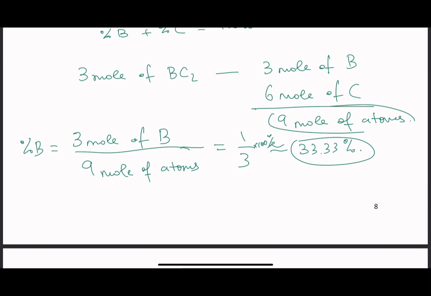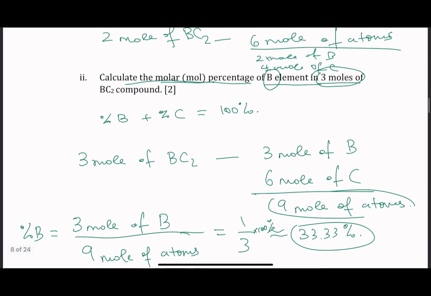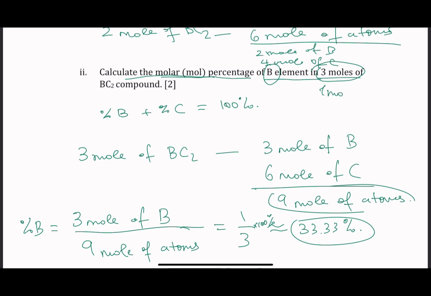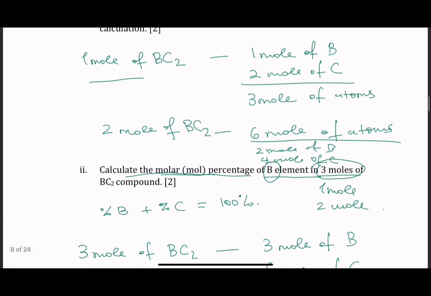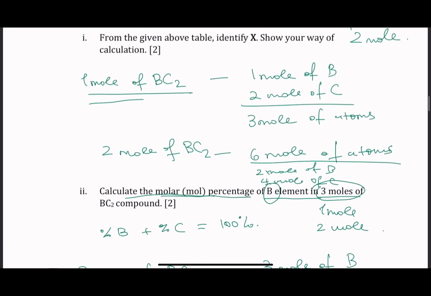And that's a logical question. So to be honest with you, it doesn't matter if it's 3 moles, 1 mole, or 2 mole. It's going to be the same thing. If I check this number, look back here: 1 mole of BC2, right? How many moles of B you have? 1. And how many moles of atoms you have? 3. So 1 over 3.